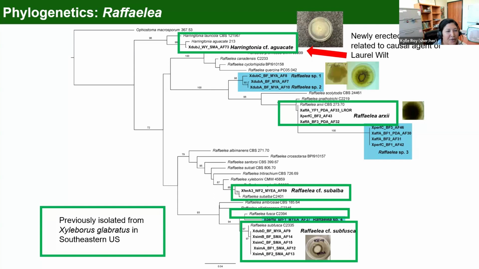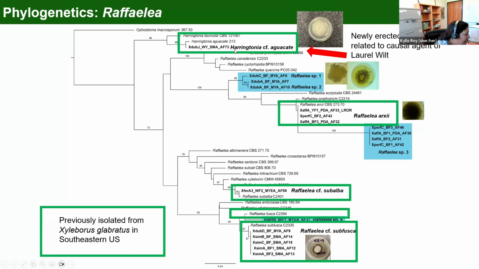And so laurel wilt is caused by Harringtonia. Let me show you guys here, Harringtonia lauricola. It used to be Raffaelea lauricola, but it has been renamed Harringtonia lauricola, so it's a new group, Harringtonia.